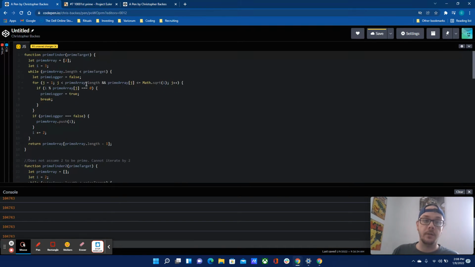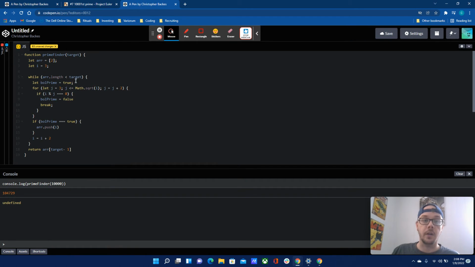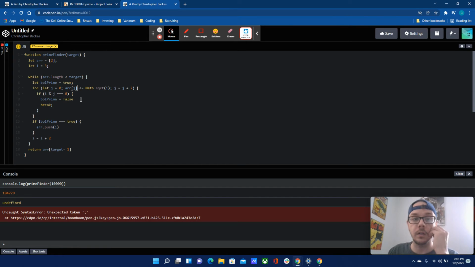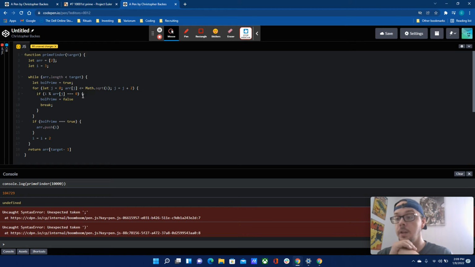The big thing that I've introduced here is instead of iterating through all the numbers, I'm actually saying let's only check the numbers we've already found out to be prime, because there's never a case where a number is divisible by only composite numbers. If something is divisible by 6, it is therefore divisible by 2 and 3, which are both prime.